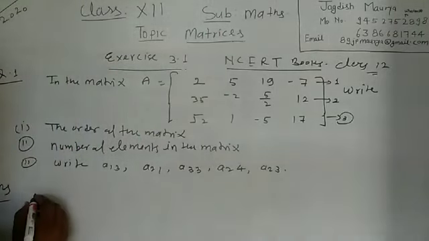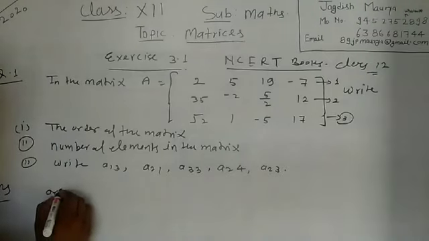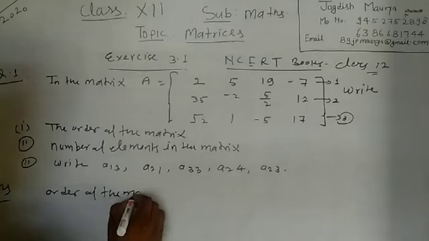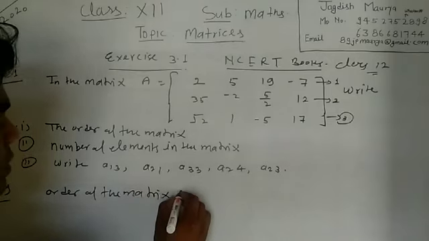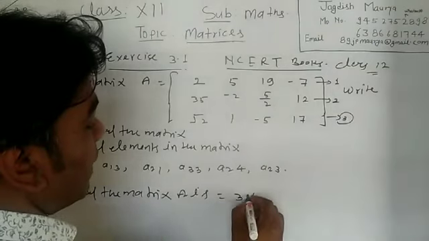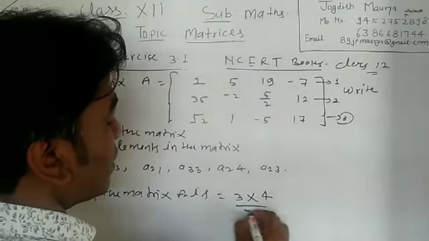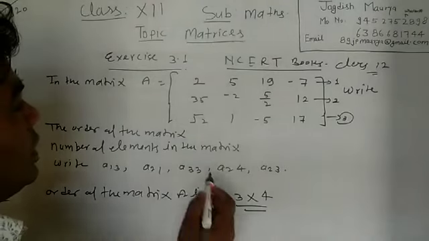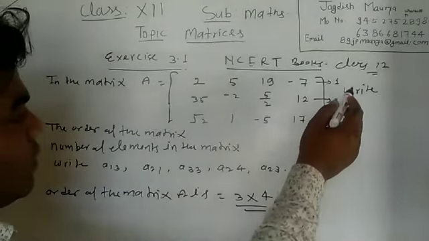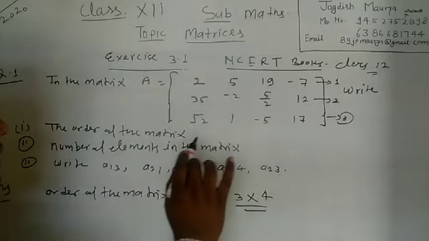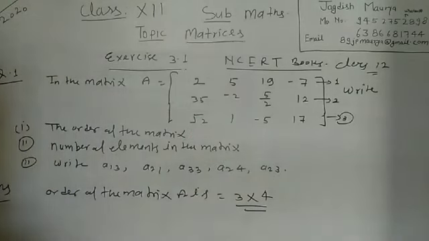So the order of the matrix A is 3 by 4. In the matrix A there are 3 rows and 4 columns. Therefore the order of the matrix is 3 by 4.